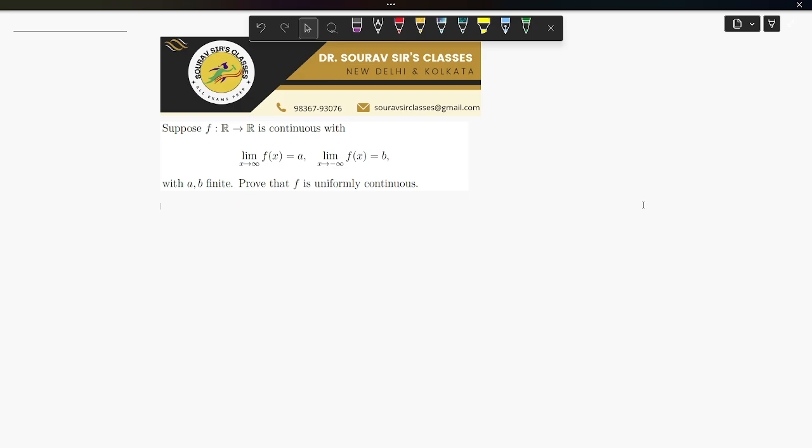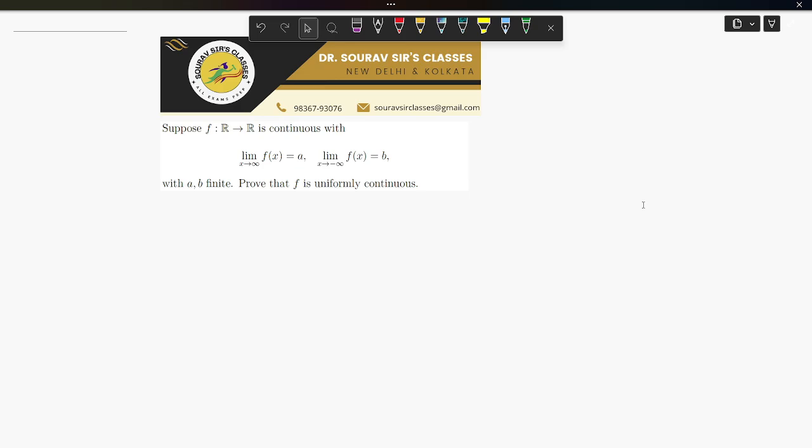So to prove that f from R to R is uniformly continuous, given that f is continuous on R and the limit as x tends to infinity of f(x) exists and is finite, and the limit as x tends to minus infinity of f(x) is finite, we proceed as follows.